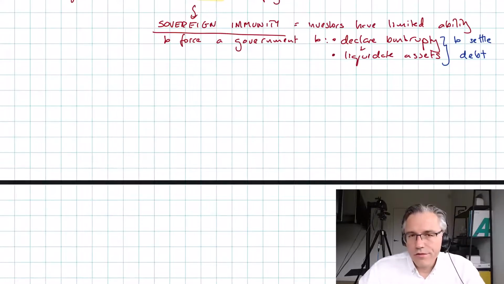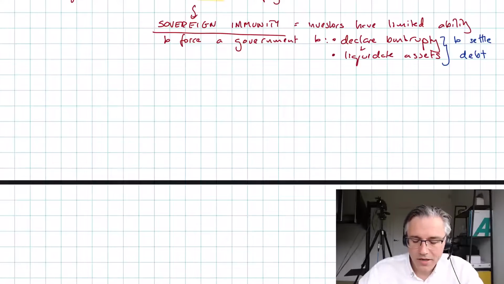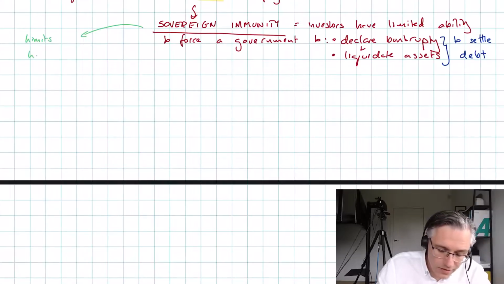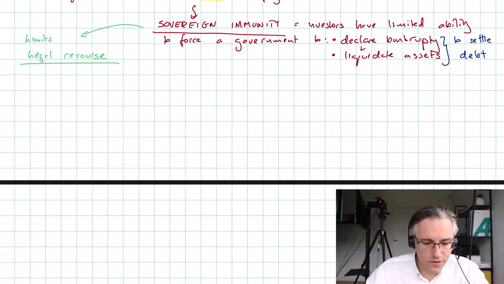In the case of a country, you can't force it to go bankrupt. You can't force it to sell its assets. So unlike corporations, sovereign issuers enjoy a level of immunity, and that means there are limits to the legal recourse, the ability to go back and force the borrower to do something.